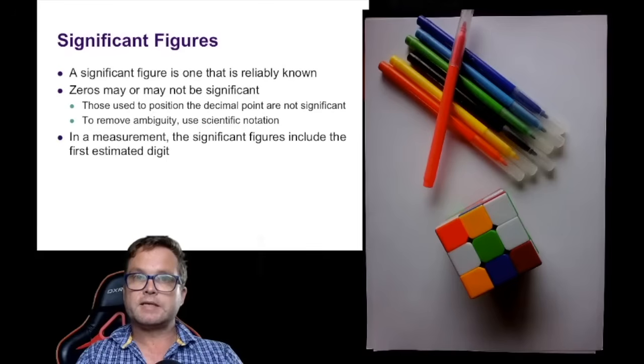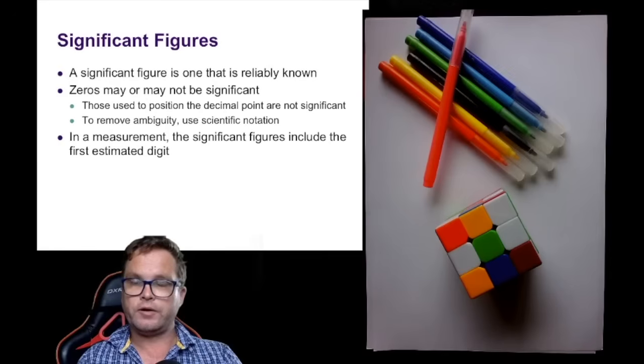To round up this chapter, we're going to finish off by covering the topic of significant figures. The definition of a significant figure is a figure that is reliably known. That's to say, perhaps we're performing a measurement. We would like to write the measurement down, its answer, in terms of only measurements that we can reliably know.